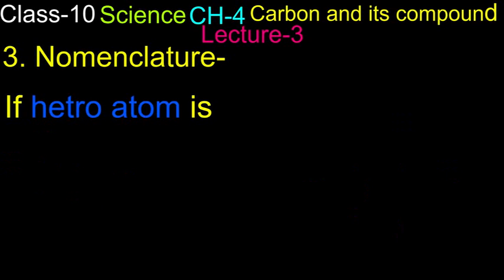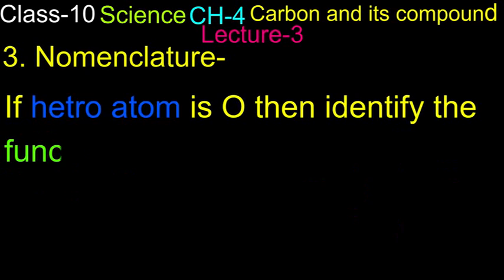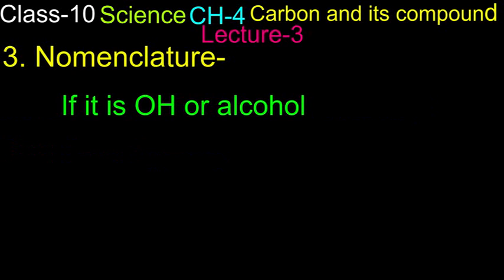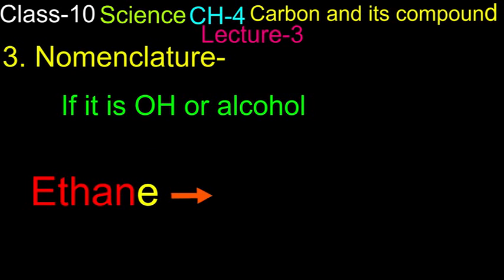If heteroatom is O, then identify the functional group. If it's OH, that means it is alcohol, and suffix OL is used instead of E, or suffix E is replaced by suffix OL.